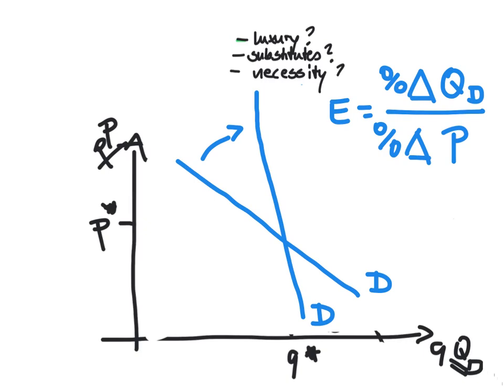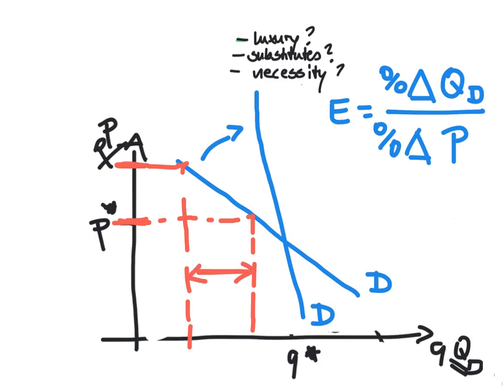If price were to go up a lot, so let's say from here to here, how would consumers react? With the old, the flatter curve, right, if price were to go up from here to here, we would see a pretty big reduction of demand, right?